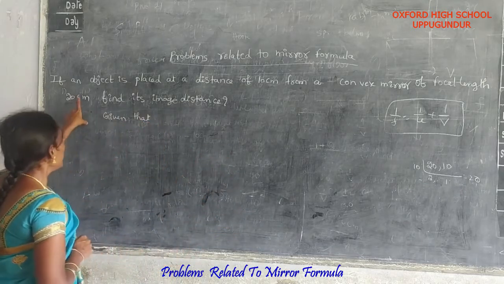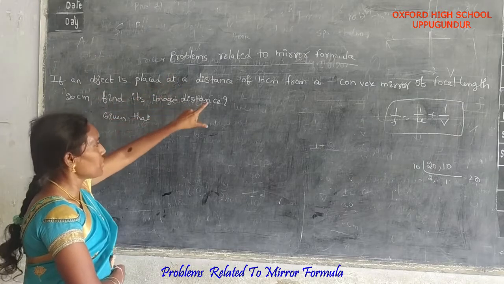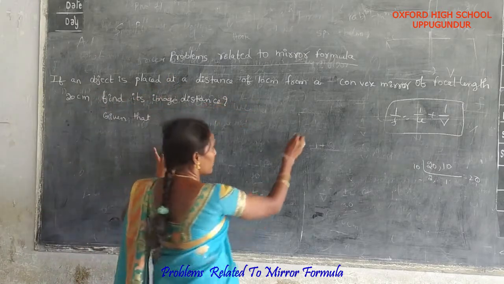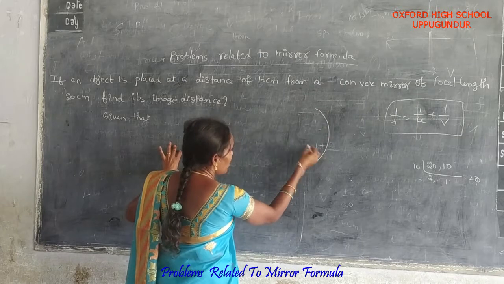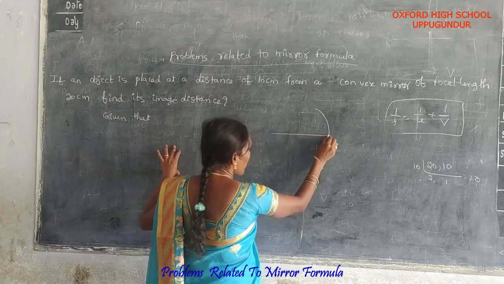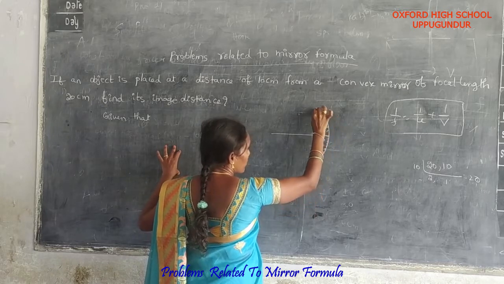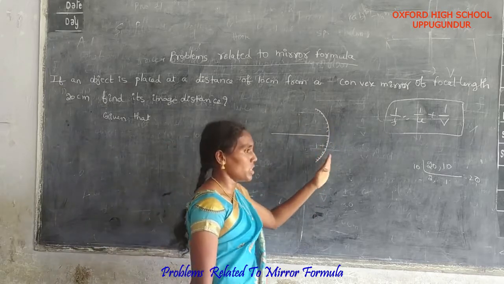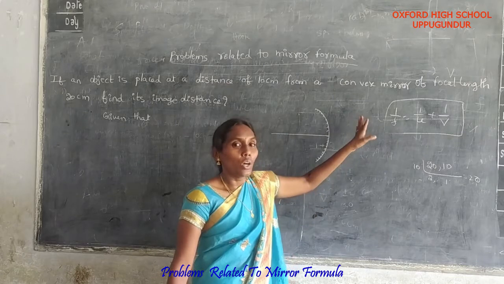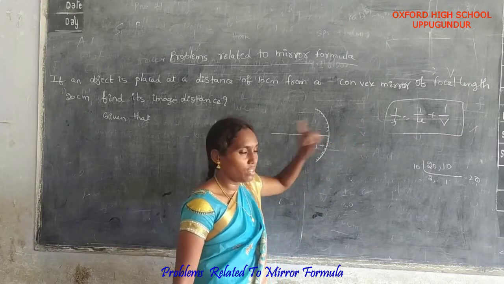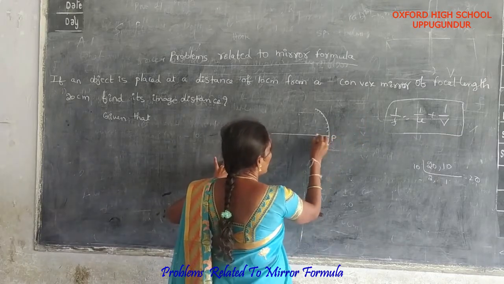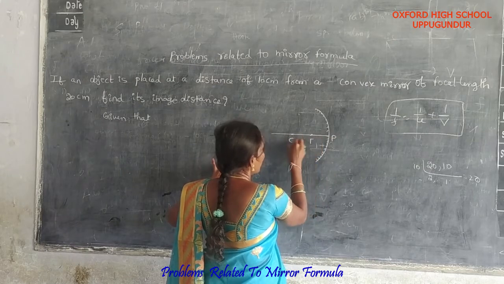Okay, here an object is placed at a distance of 10 centimeters from a convex mirror. Convex mirror means, here this is the principal axis, outside coating, inside coating gives the convex mirror. That means the reflection takes place only on the outer side of this mirror. Here this is pole, focus and center of curvature.